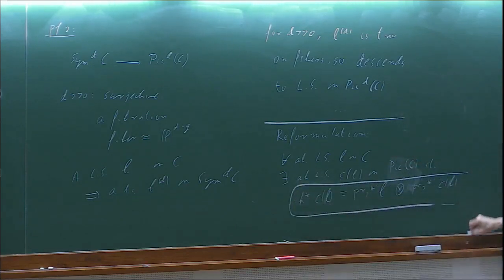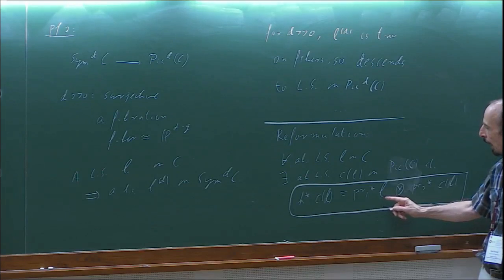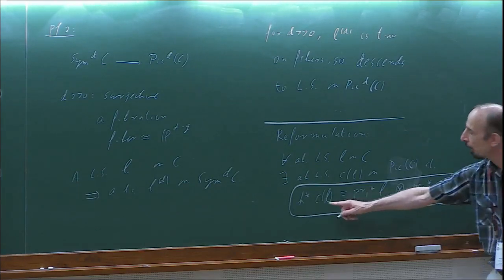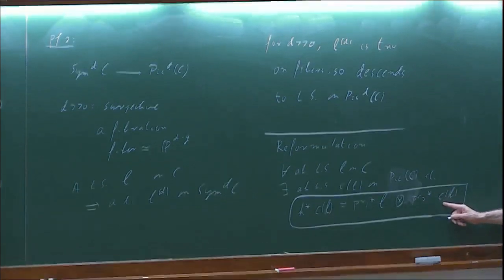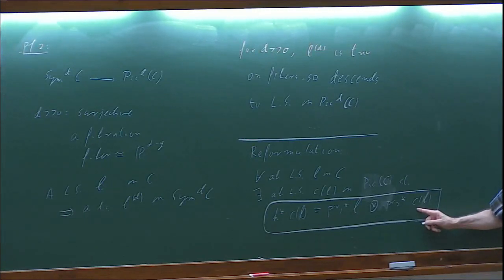So this is an eigenfunction, eigenvalue property. It says that L behaves like an eigenvalue, and C of L behaves like an eigenvector or eigenfunction or eigensheaf in this case.